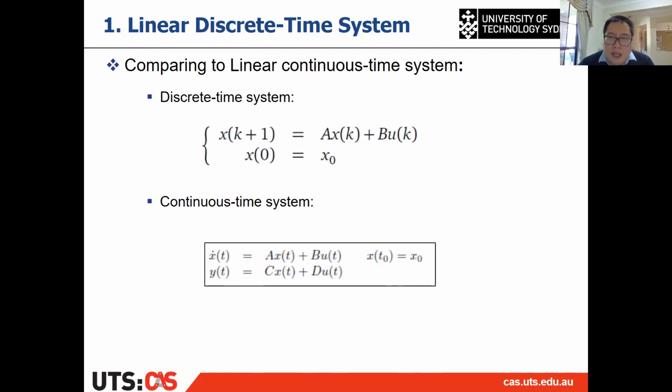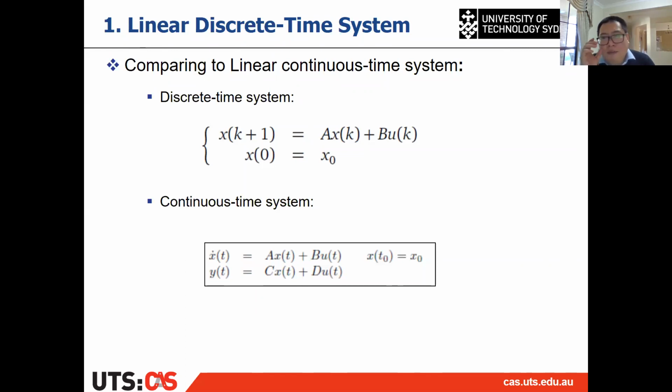And another difference is that the discrete time system has x(k+1), and in the continuous time system it is x dot, which is the derivative of x with respect to t. So there are several differences between the discrete time system and the continuous time system.